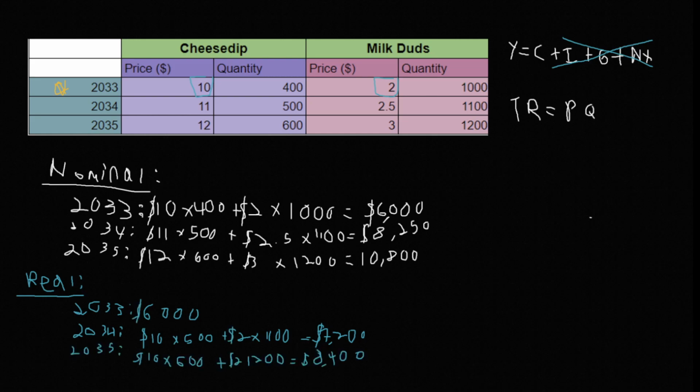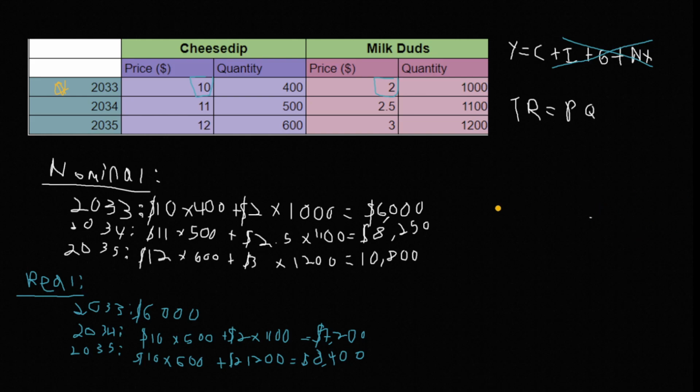So now I'm going to talk about the GDP deflator. This is basically the ratio to see how the prices have changed.